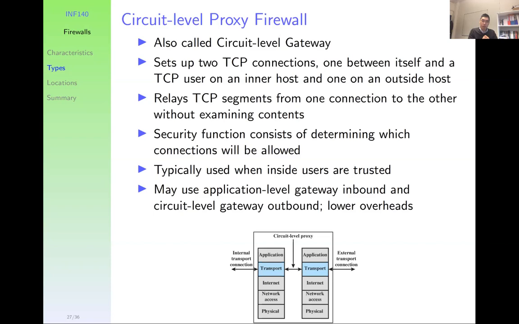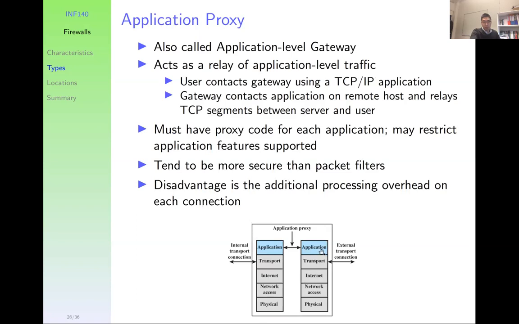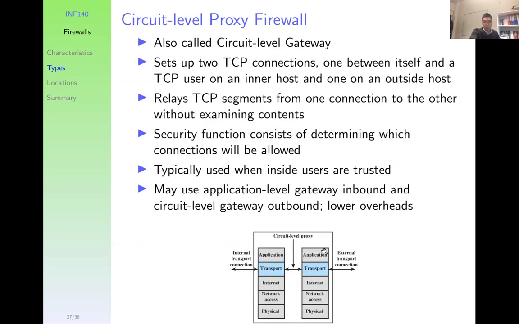In this case, they basically set the firewall at a lower layer. As you see here, previously the firewall was set at the application layer. And for the circuit proxy firewall, they set the firewall at the transport layer. So it means it will be transparent to applications and to the end users.